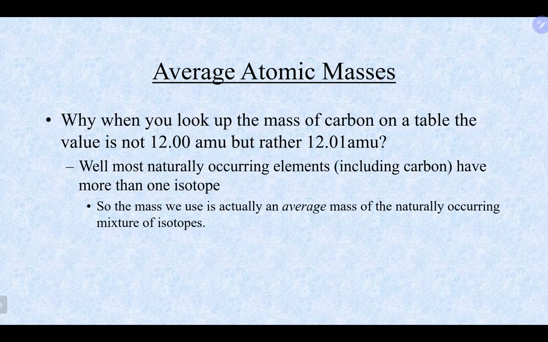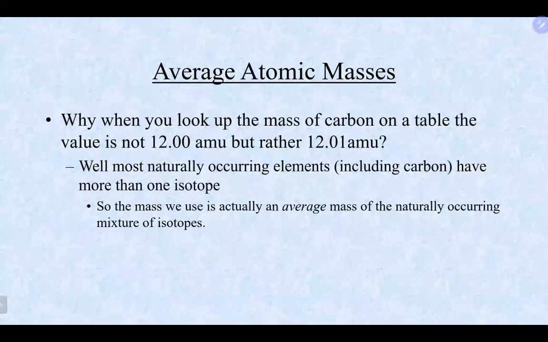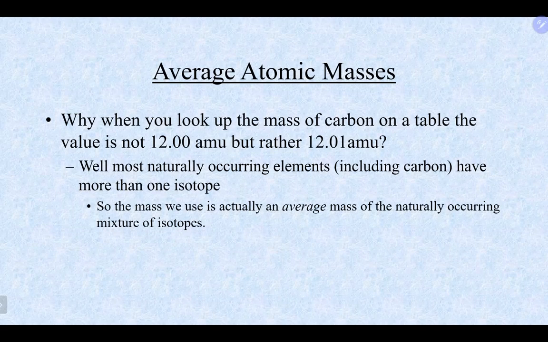For example, carbon has the carbon-12 isotope and the carbon-13 isotope. One occurs about 99% of the time, one about 1% of the time. So the number we see on the periodic table for most elements is an average value of all the naturally occurring isotopes of that element. Remember that isotopes are the same element but have different numbers of neutrons, which gives them different masses and different mass numbers as well.